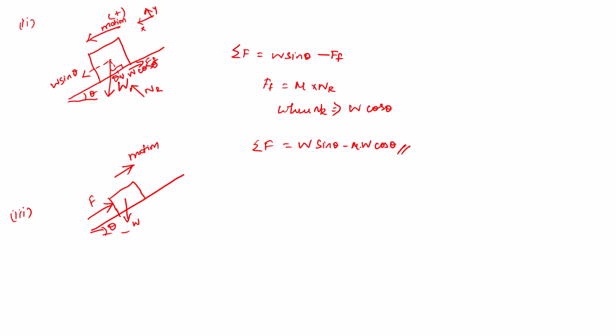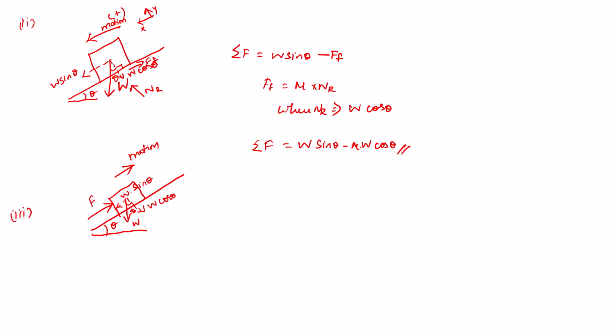One second, let me make it clear. So this is going to be theta. In the normalized way, this is going to be my theta. So we'll have the W divided into W sine theta and W cos theta.